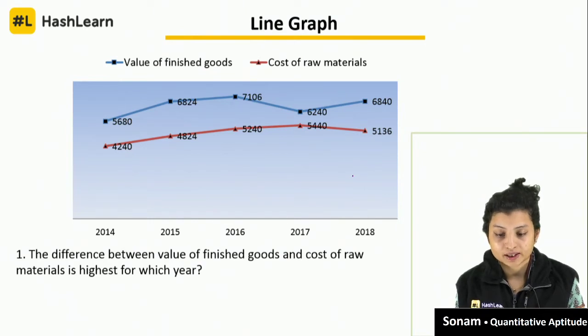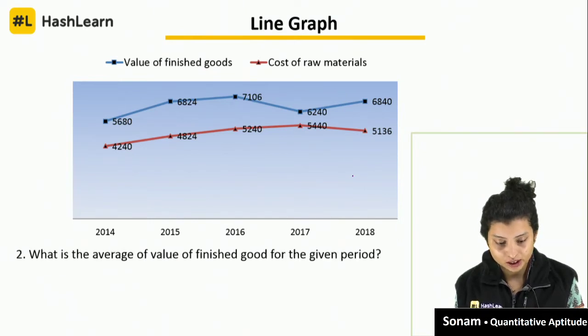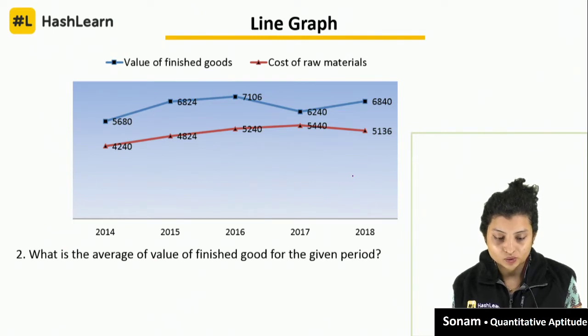So in this one I need to take the difference. All right. Second, what is the average value of the finished goods for the given period? So it means I need to add all the finished goods values and then divide by the number of years. Okay, so again a little bit of calculation over here.